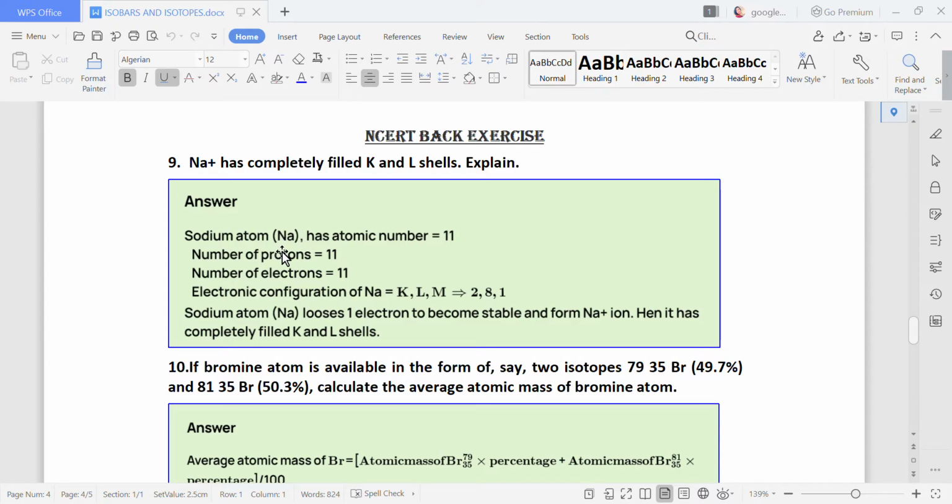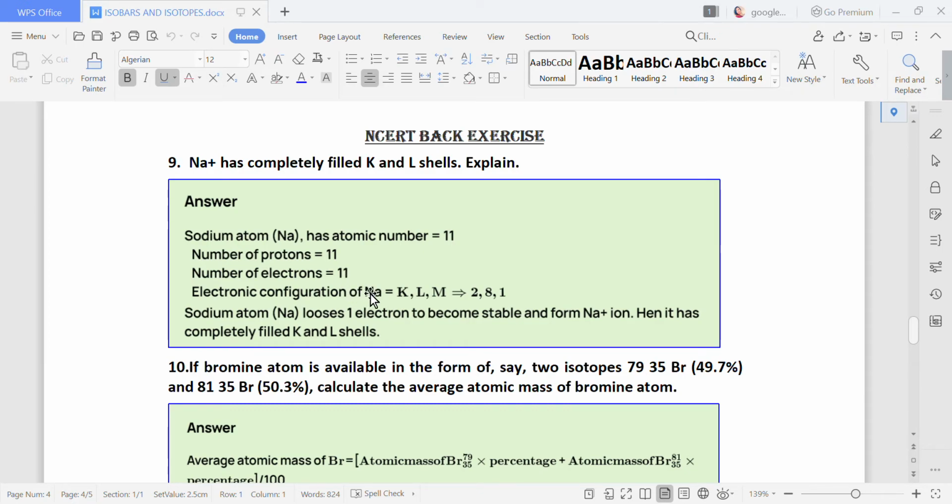Now, this atom has atomic number 11, and we all know that atomic number is equal to the number of protons. So, the number of protons is also 11. We also know that the number of protons is equal to the number of electrons. So, the number of electrons is also 11.